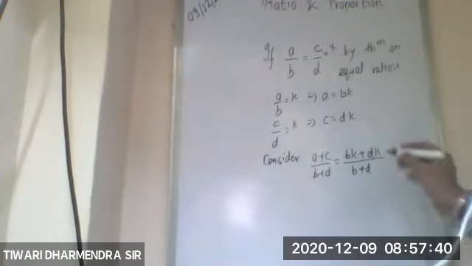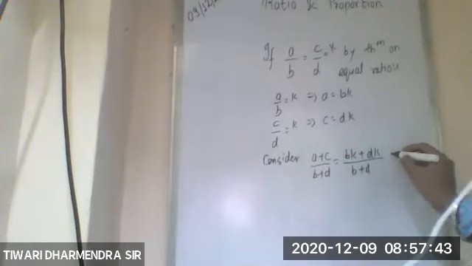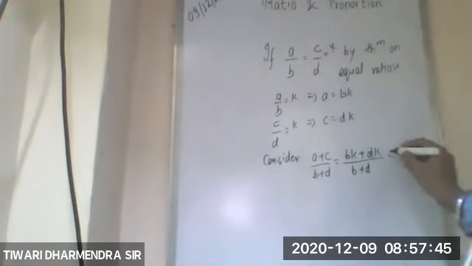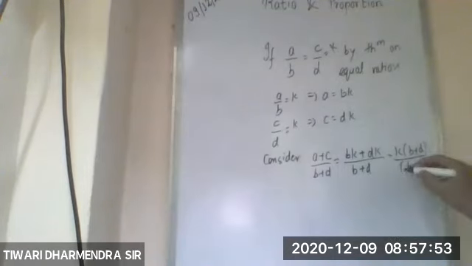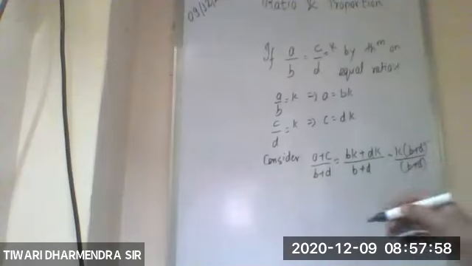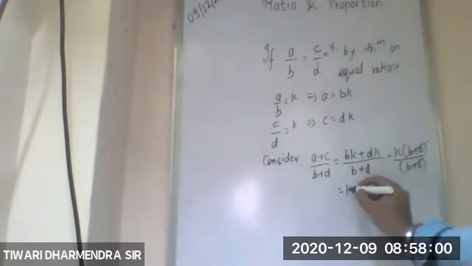Now we can see what is common in this. We can take k common. What remains? b plus d remains divided by b plus d. Cancel this b plus d, the same term in numerator and denominator. What remains? This is equal to k.